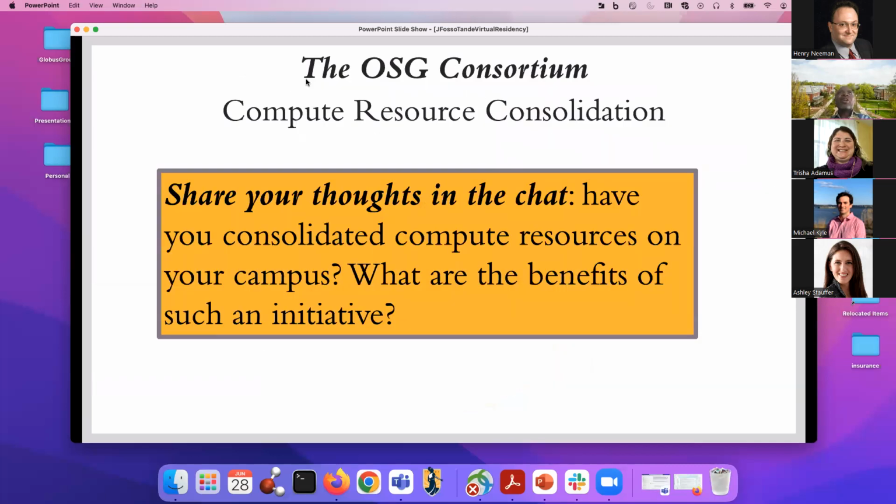So the OSG consortium, compute resource consolidation. Okay, again, share in the chat. Have you consolidated compute resources on your campus? What are the benefits of such an initiative? Yeah, this is interesting.